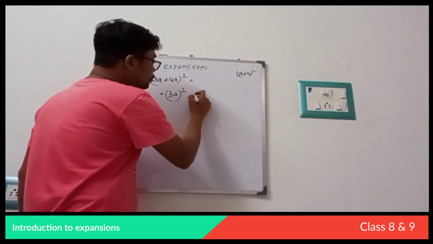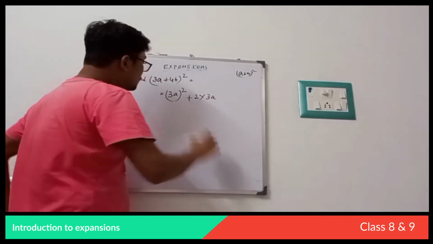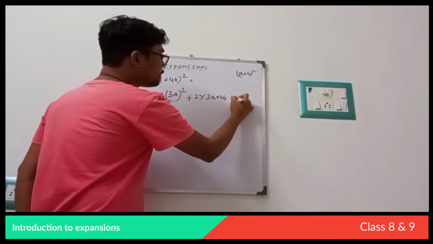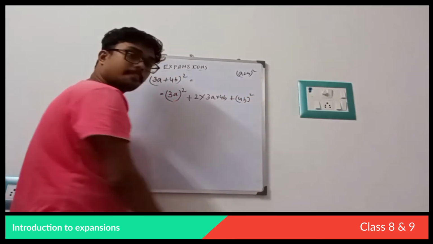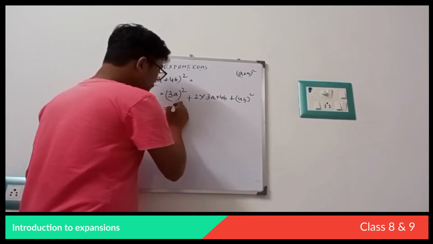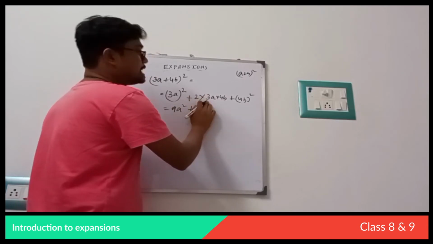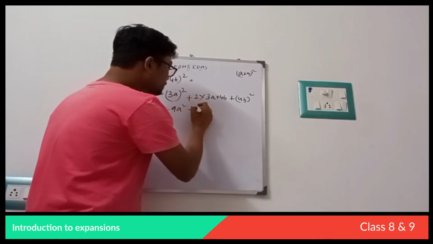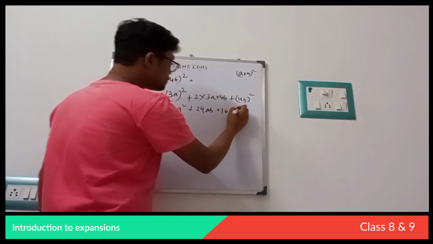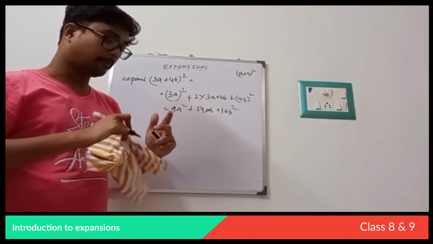Next, 2 into 3a into 4b, plus 4b whole square. 3a whole square means 9a square, plus 3 into 2, 6, 6 into 4, 24, ab, plus 16b square. In this way we expand these types of formulas.